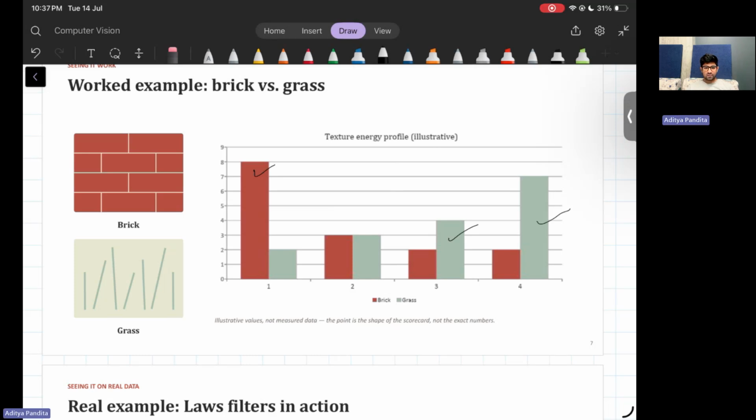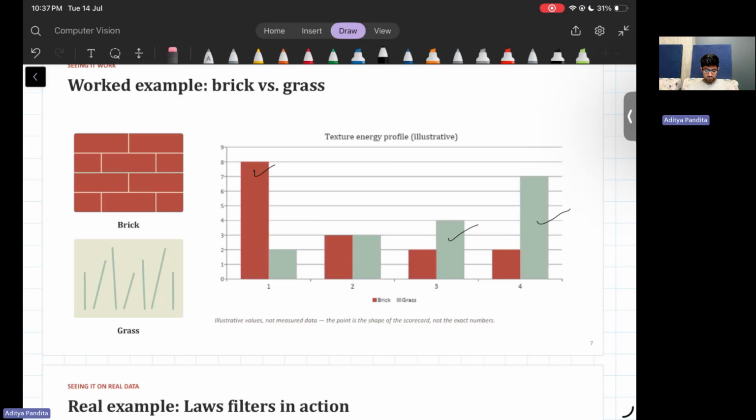In the caveat, we can see the numbers are illustrative, not measured from real data, but made up to demonstrate the concept.